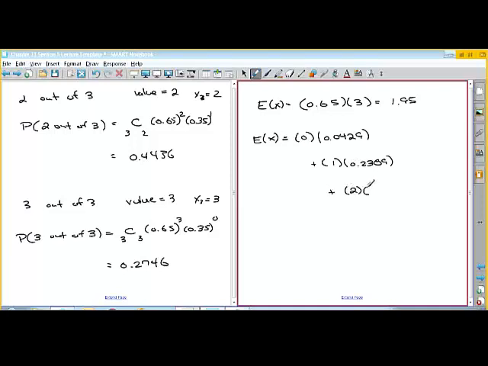Then we take the third option, which is making 2 out of 3, multiplied by the value, which is 2, multiplied by the probability. And then finally, the final possibility, which is making all 3, multiplied by the probability of making all 3. And if you plug those into your calculator, you get 0 times 0.0429, which is 0.